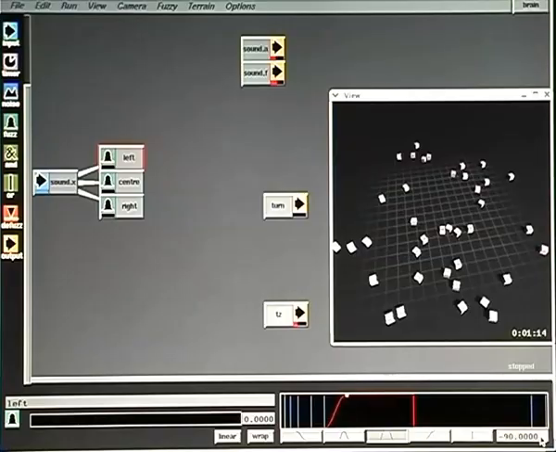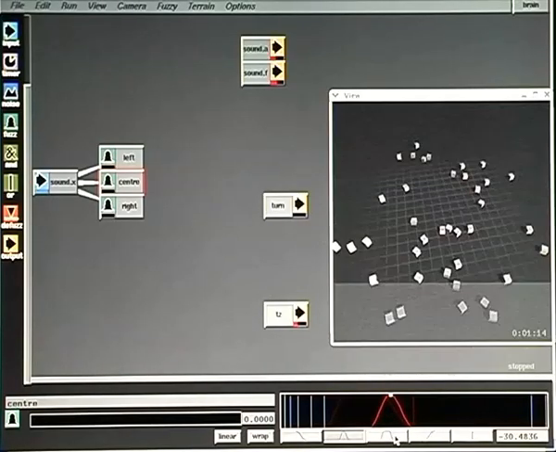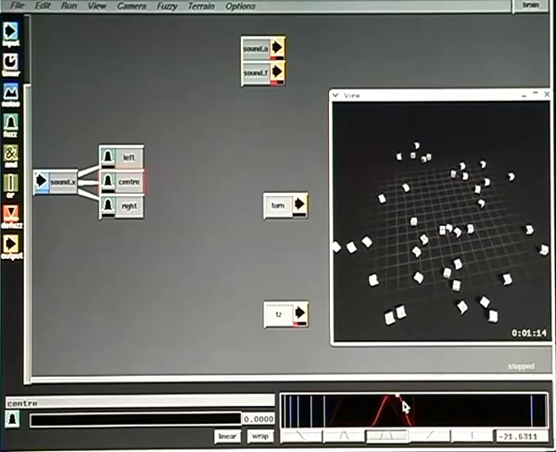-90, -45, 0. Center should be -60, -30, and 30, 60.